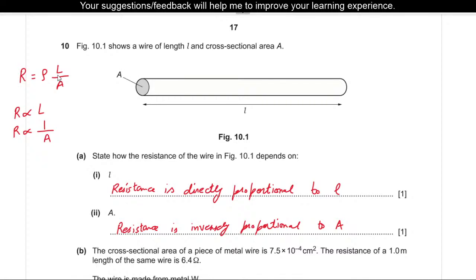If you only write that resistance increases by increasing length, it will not be acceptable, because specifically it is directly proportional and it is inversely proportional. The reason, let us understand a little now.